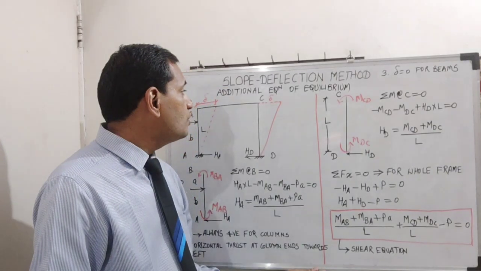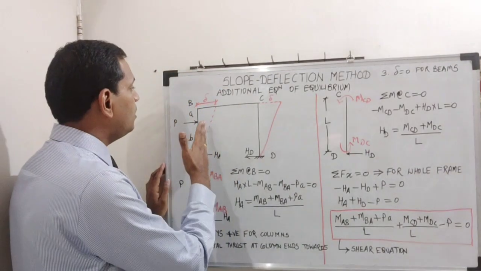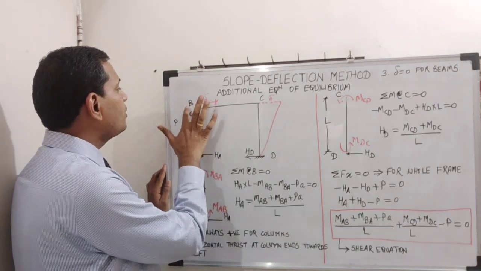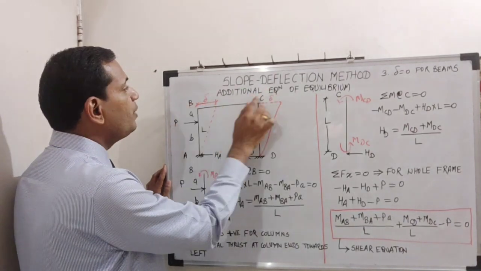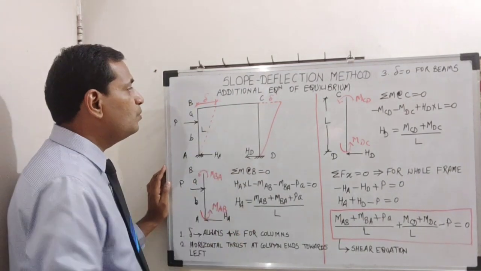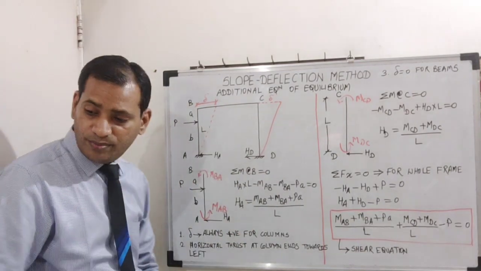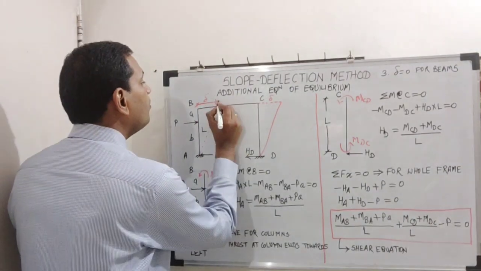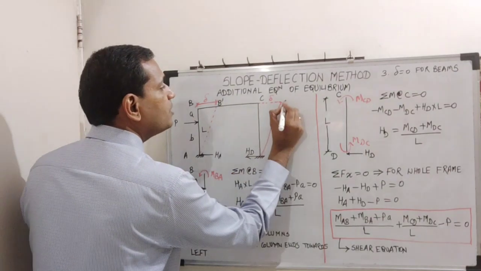Why? Because if you see here, before the sway of the frame, there is some length of the beam, B to C. After the sway, it is going to shift. The beam is going to take a new position, let us say B dash and C dash.